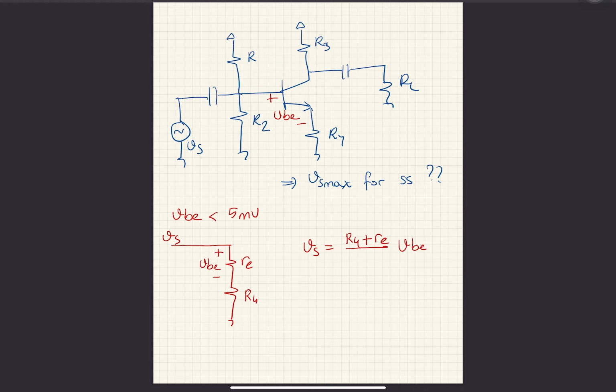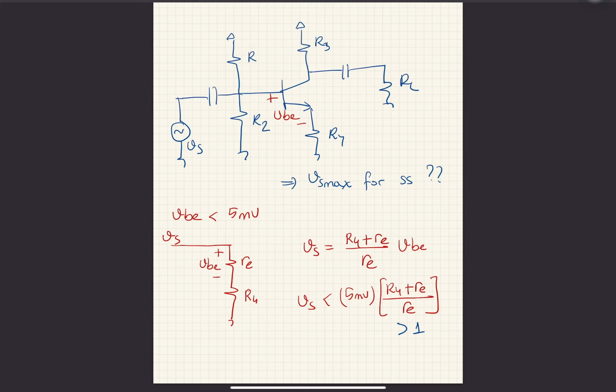divided by RE. So Vs should be smaller than 5 millivolts times R4 plus RE divided by RE. And this term is larger than 1. And Vs can be something larger than 5 millivolts.